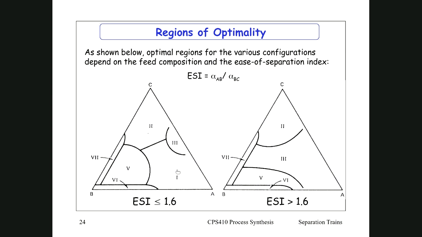So for any mixture you're starting with that lies within this boundary, you would have the most economical solution by using the direct sequence.